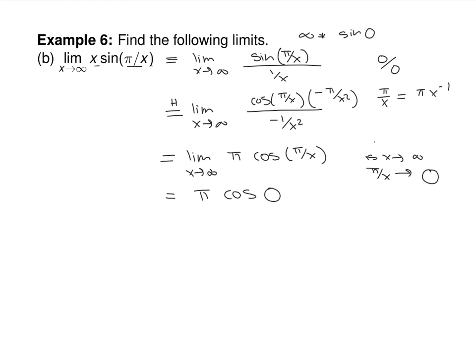Does that make sense? Which is going to be pi. Okay. So they shouldn't get much more tricky than that on your homework or your quiz, but just to know that. I don't want to make them harder than that. That's hard enough.